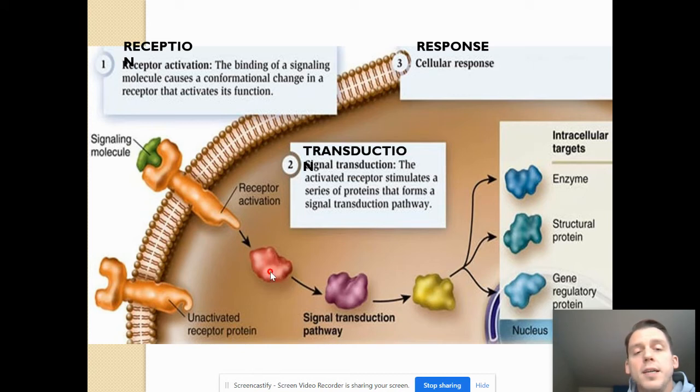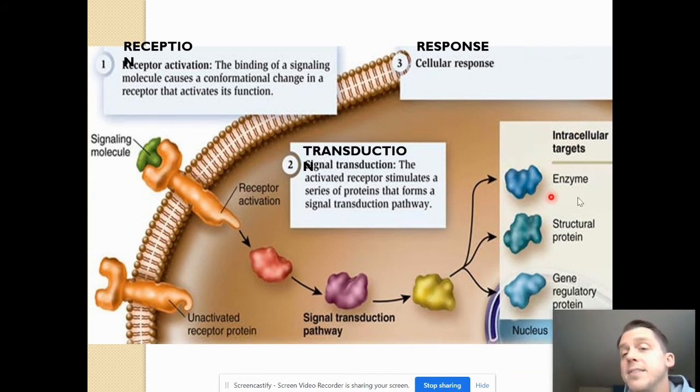So this protein, which would have been free floating in the cytoplasm, interacts with this one, and that causes a conformational change. And this protein can then interact with another protein and cause a conformational change. And this protein can interact with yet another one and cause a conformational change. And we can end up with a bunch of different responses.